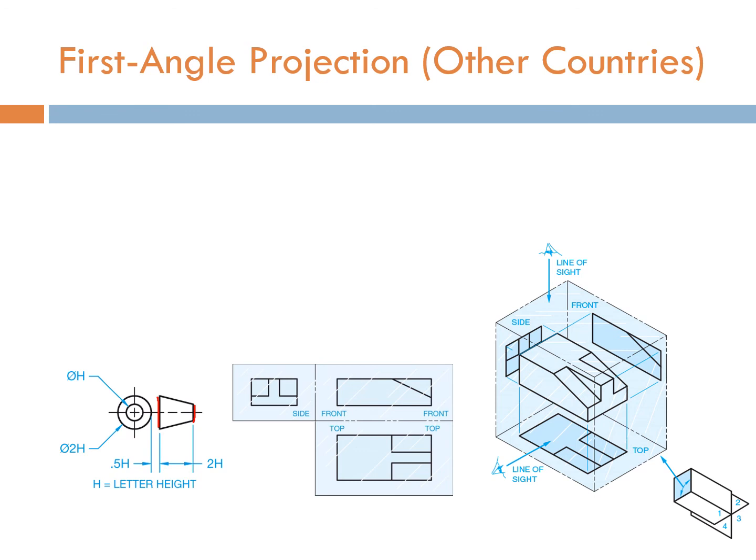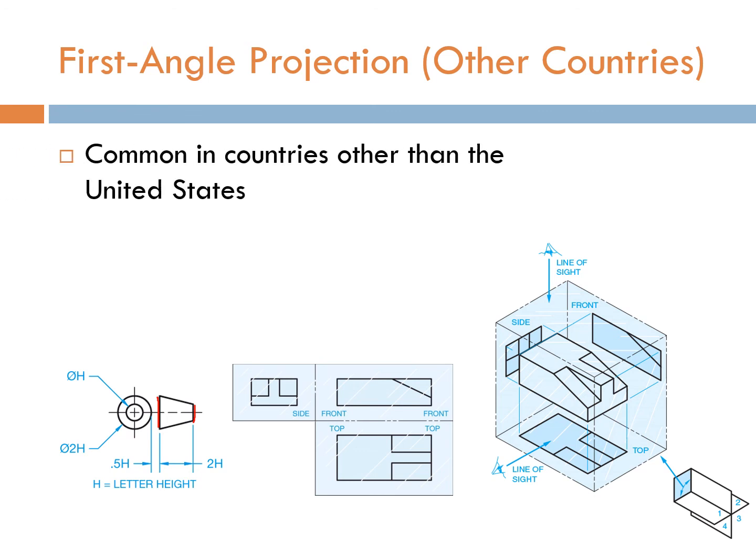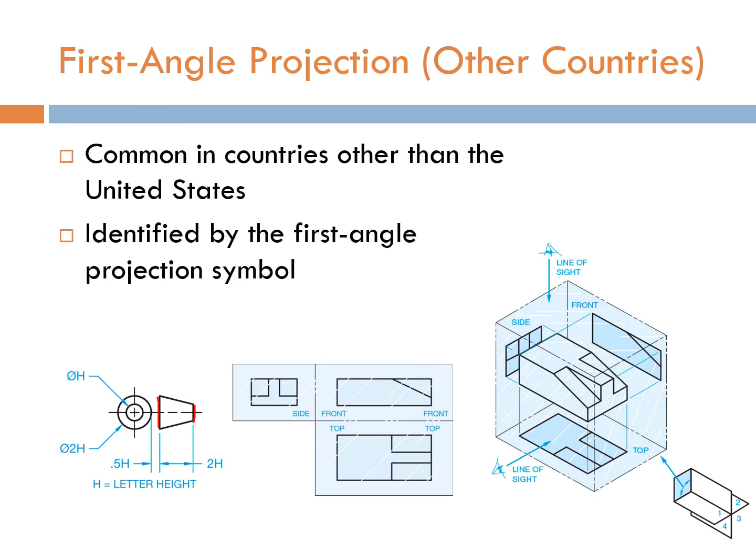This is what we call the first angle projection, and you are actually using the other sides to be your front view, side view and top view. These are the methods they use outside of the United States. You have to know these because you will probably draw things for the rest of the world, and they use a different way to present the object.